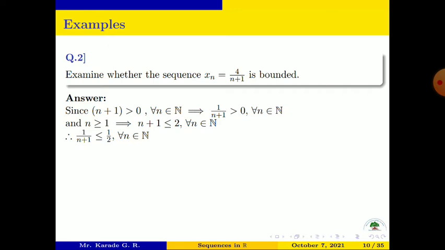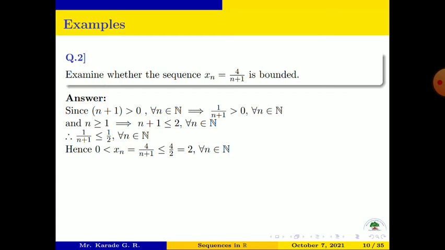So multiply this inequality by 4 and see what we get. Then we have 4 divided by n plus 1 is less or equal to 4 by 2, that is 2.